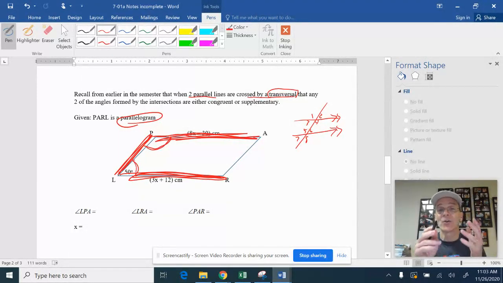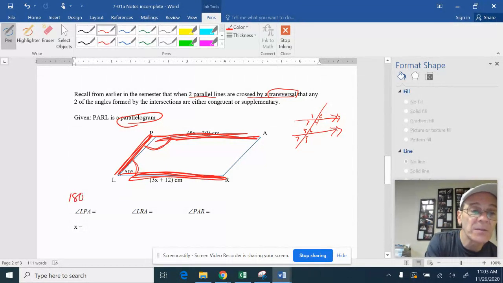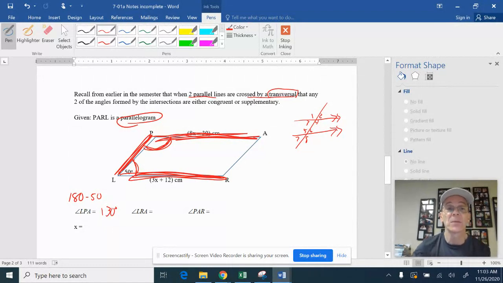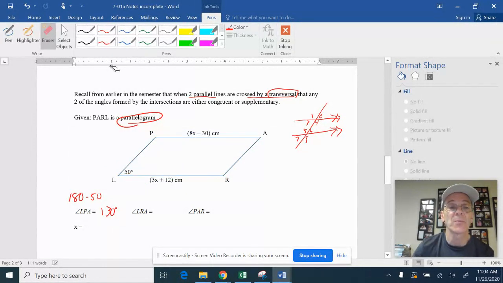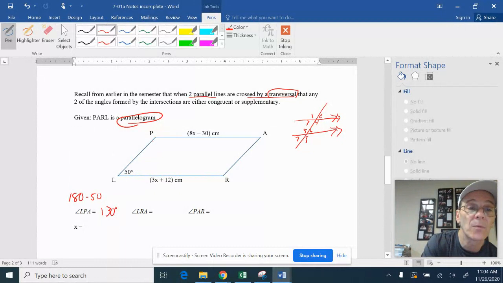If they're not congruent, then they must be supplementary. And so we would subtract 50 from 180 to get 130 degrees. These two angles here, if they're not congruent, they've got to be supplementary. So angle LPA would be 130 degrees. Let's add that to the picture. Okay, 130. How about angle LRA?